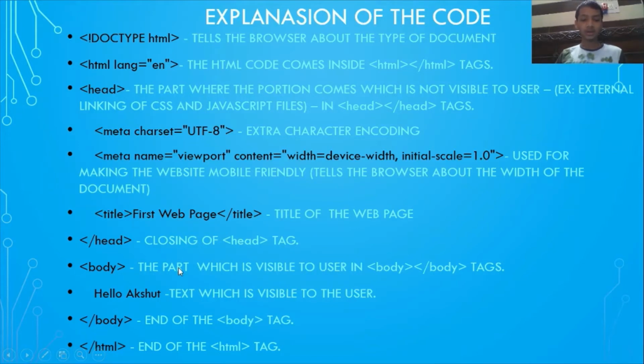So now the body tag starts, and it is the part which is visible to the user. Like this is the text that I wrote in the last video. When I run it, this will be visible to the user. This is the end of the body tag, and this is the end of the HTML tag.